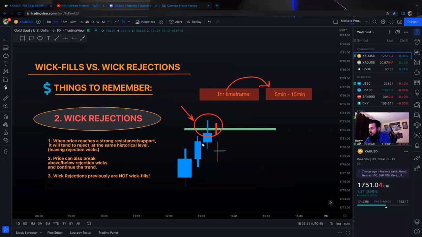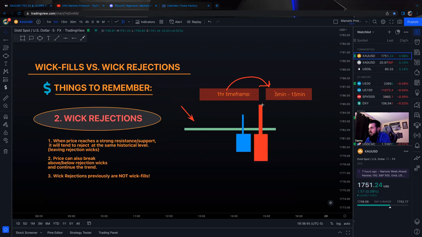So when you come on the lower time frame, let's say a 5-minute time frame, let's remove the previous candles right here. What you will see is price coming up, possibly up to this area on the 5 minutes and rejecting here, leaving rejection wicks. Very likely you will see candles leaving rejection wicks here, something like this. So this was the first pointer you need to remember.